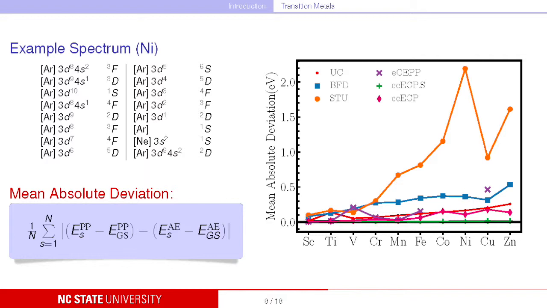Put it in a different way: the ECPs include core and core-valence correlation. Very often what you do is an uncorrelated core calculation, just frozen core. So what we say is that if you use those ECPs, you will be fundamentally more accurate than if you use all-electron but do not correlate the core.